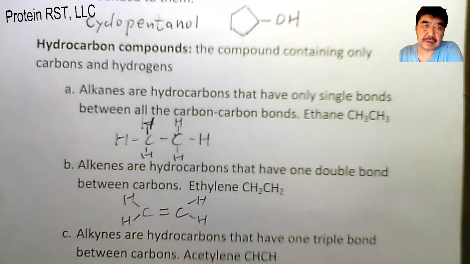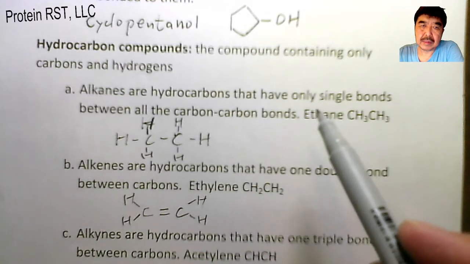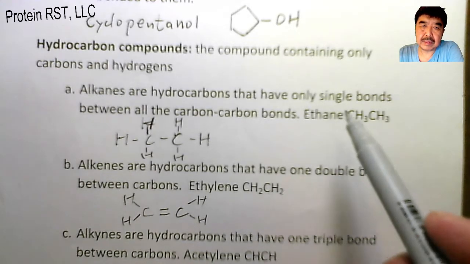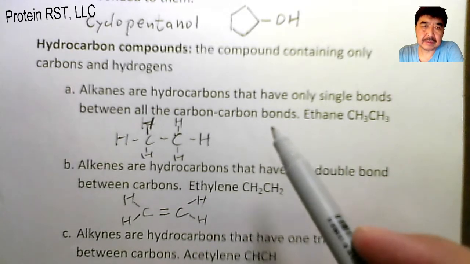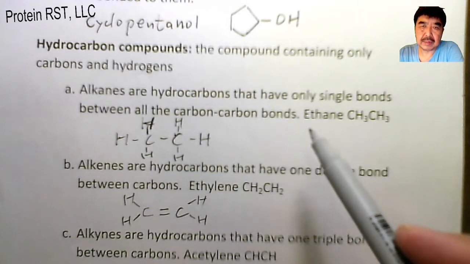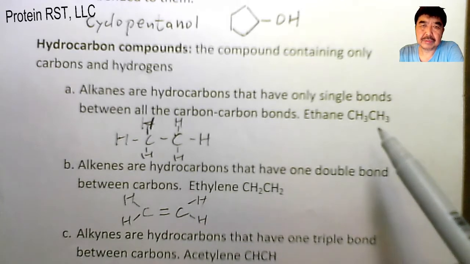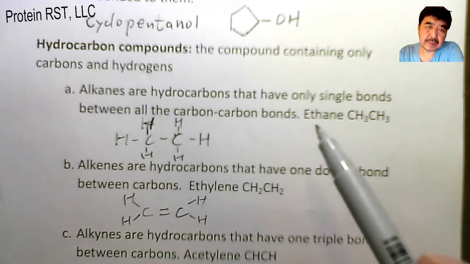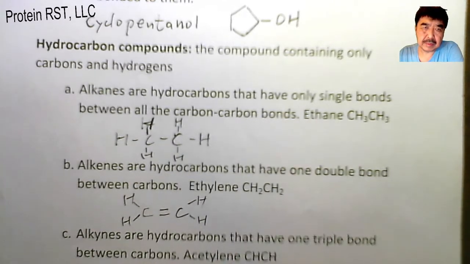The first type is called alkanes. Alkanes are hydrocarbons that have only single bonds between carbon-carbon atoms. All the carbon-carbon bonds are single bonds. The example here is ethane, 2 carbons and 6 hydrogens, and you can see a single bond between 2 carbon atoms.